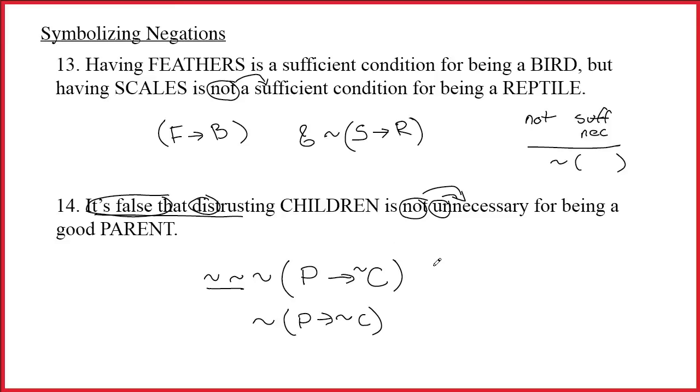So either one with 3 tildes or with 1 tilde out in front would be correct. Notice, when we saw not unnecessary, you can tell that these things are going to cancel each other out. So one way to look at this would be to just cancel those out in the beginning.